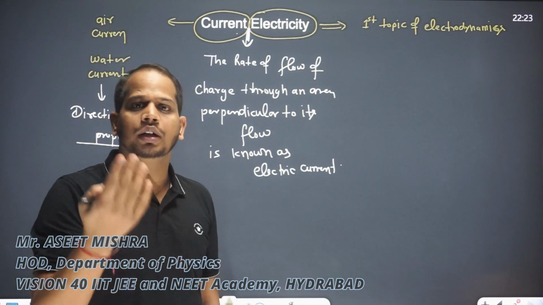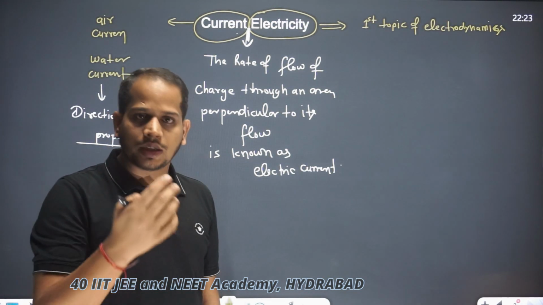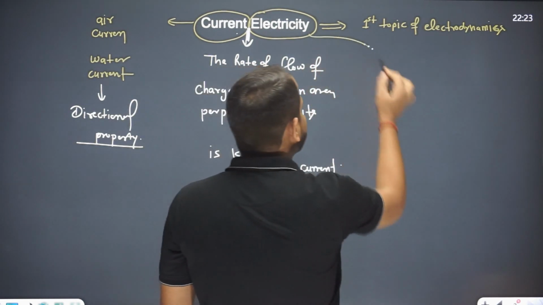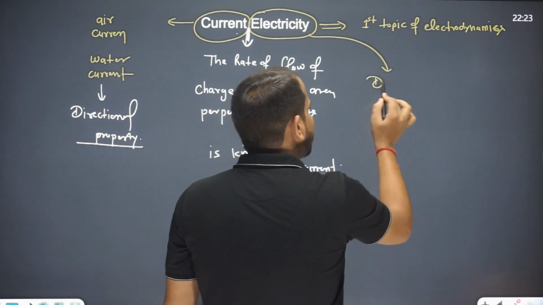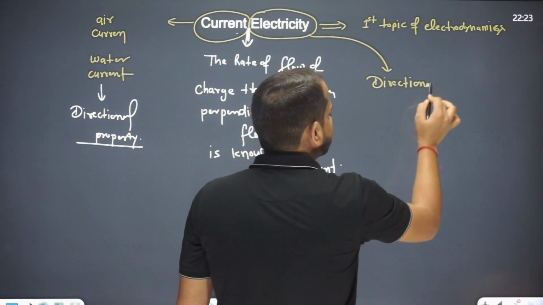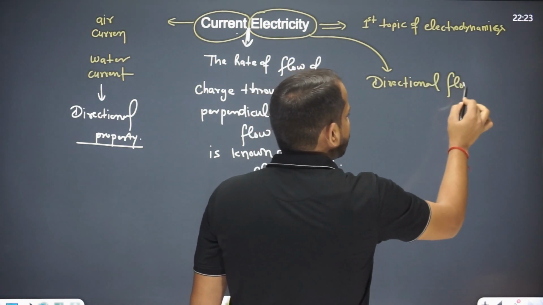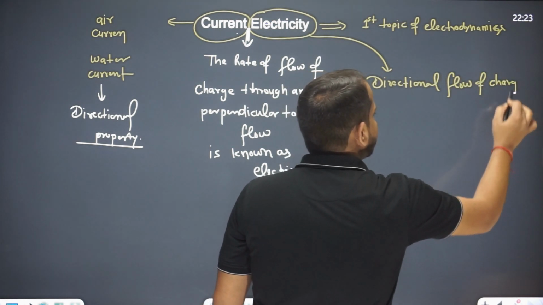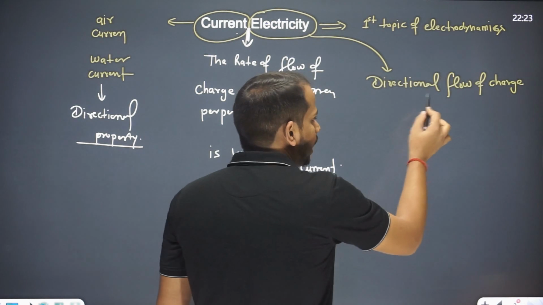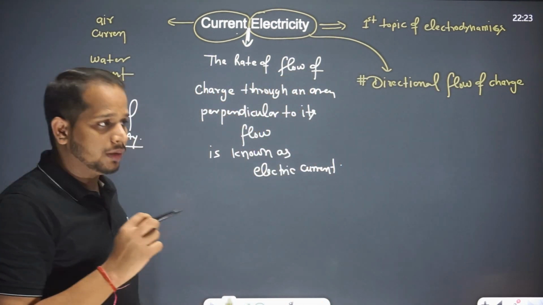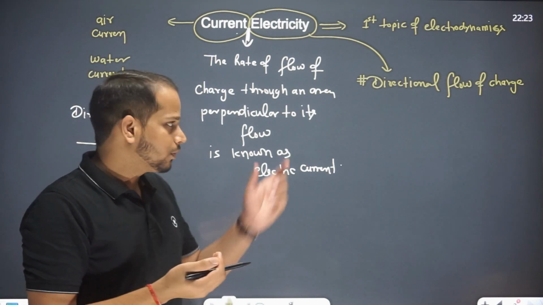It can move randomly, it can move in an oriented direction, it can move anywhere, right? So when we are saying current, it means it's a directional flow of charge. Current means simply a directional flow of charge. If there is any type of directional flow of charge, that will be current.